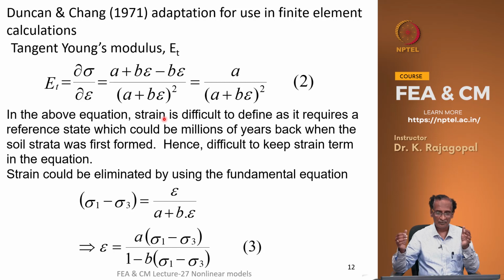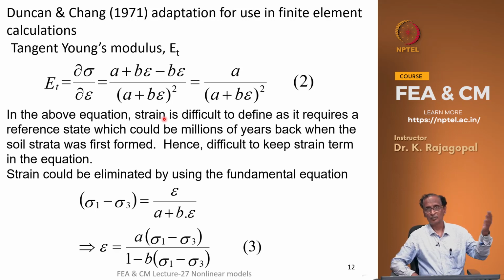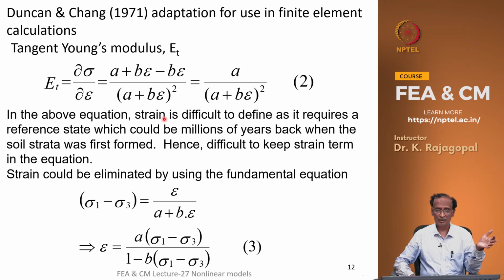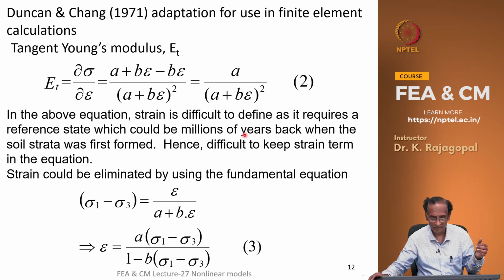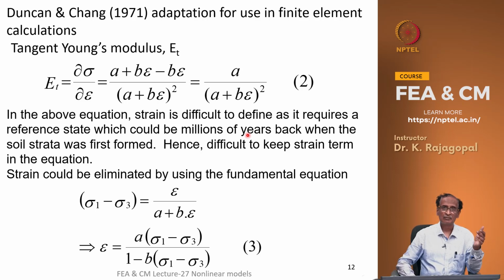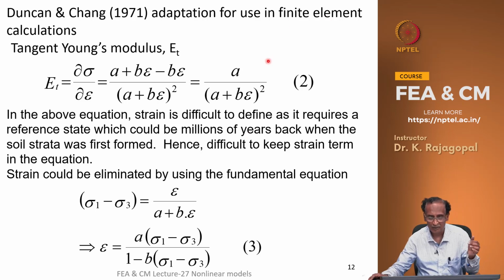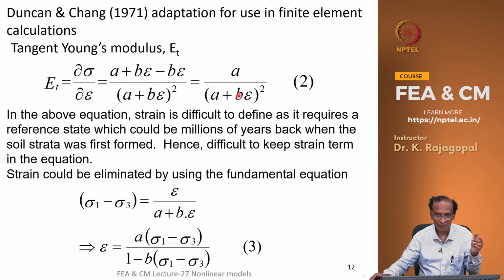Similarly for soils, if you want to define strain, you require some initial state, and that is impossible to get now, because the initial state corresponds to some long time in the geological past, which could be millions of years depending on the soil strata. So it is better to remove strain from this equation, and we can use our fundamental equation to replace epsilon by other terms.